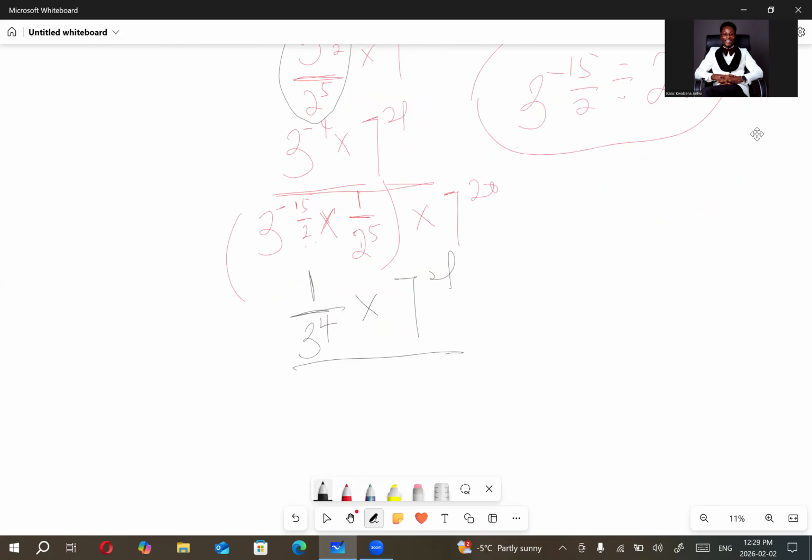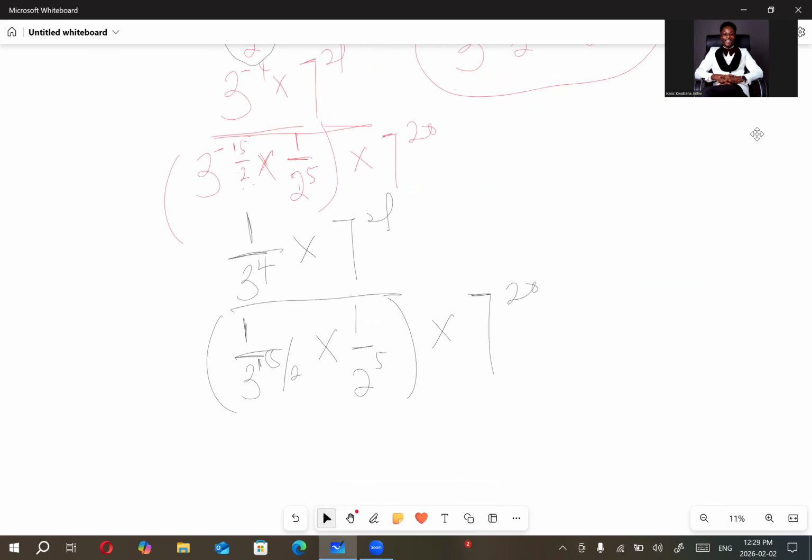This other part also can be 1 over 3 exponent 15 on 2, the same 1 over 3, times 1 on 2 exponent 5, times 7 exponent 20.